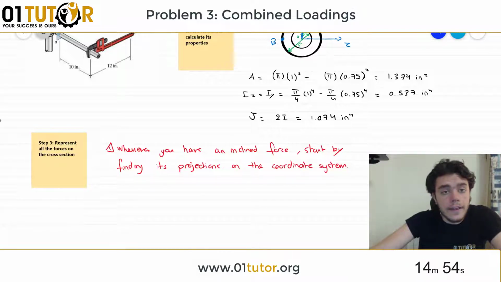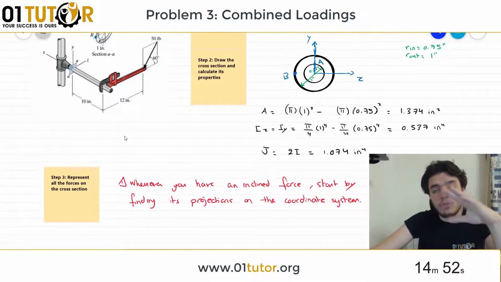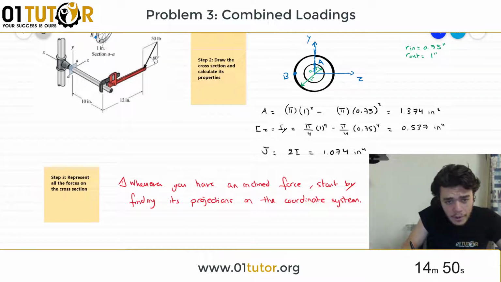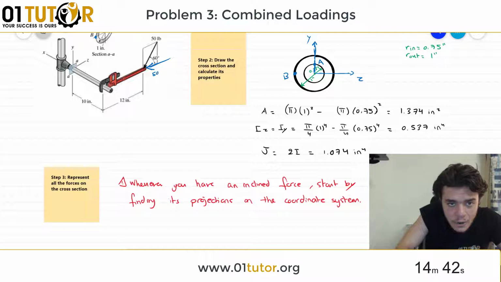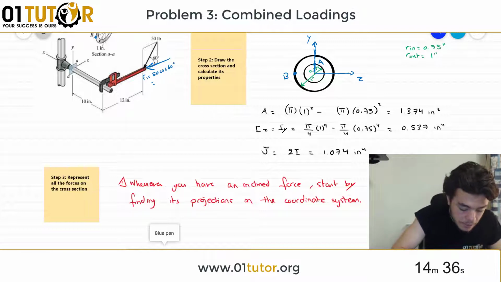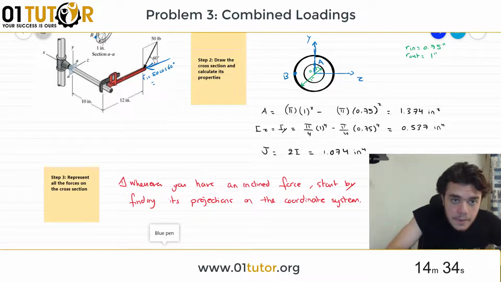In this case we have an inclined force with an angle of 60 degrees. If you want to find the horizontal projection of it, it's gonna be 50 cosine of 60. I'm gonna call this F1. So F1 is gonna be 50 cosine 60, and it's gonna be equal to 25 pounds.